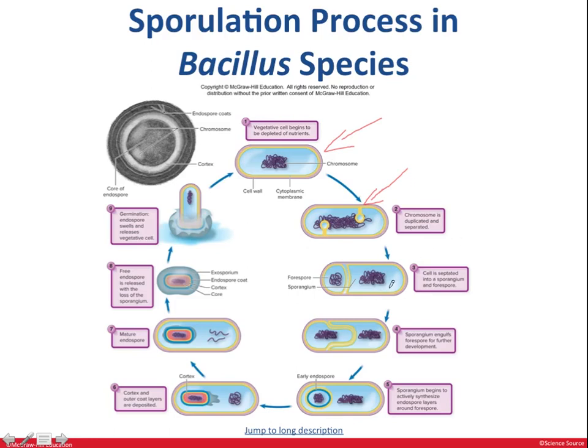The bacteria use 1 copy for the endospore and leave another copy for the vegetative cell. Also, they generate a plate from the cell membrane or cell wall to separate the cell into 2 parts.